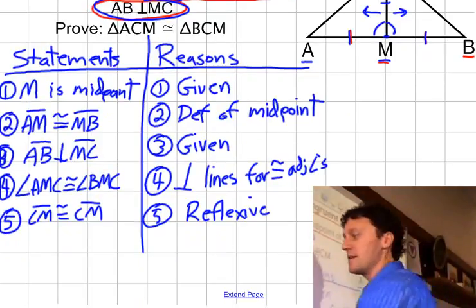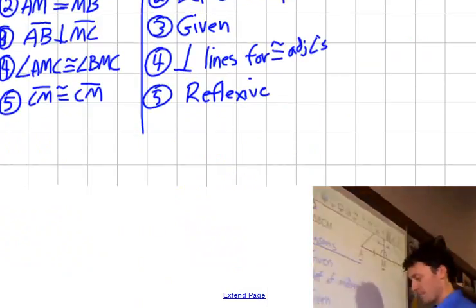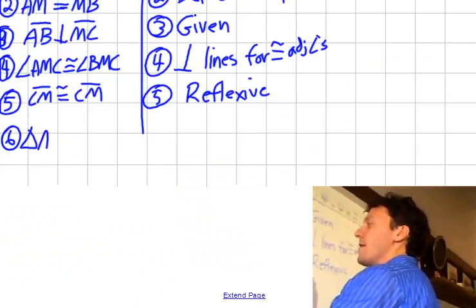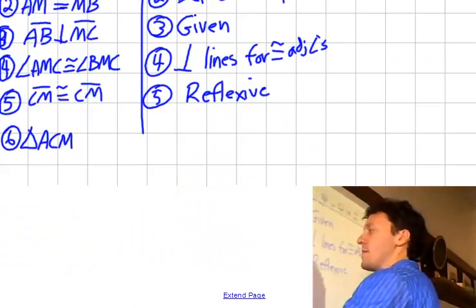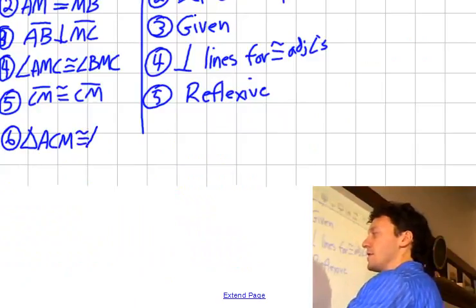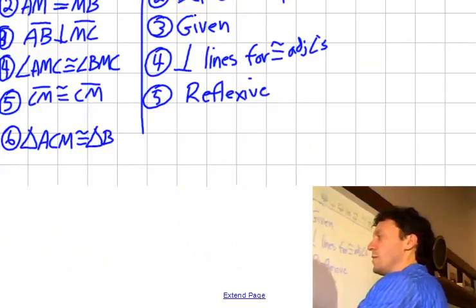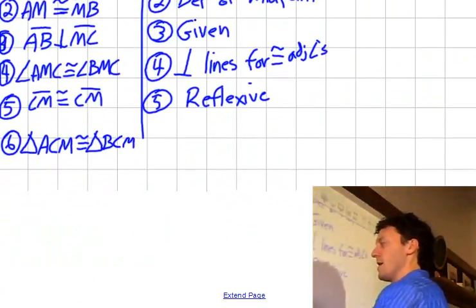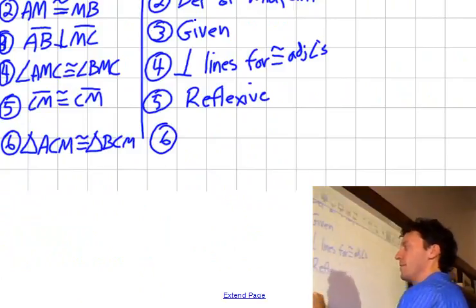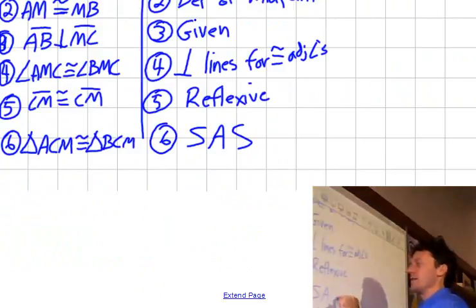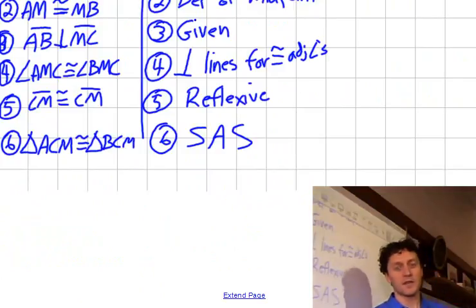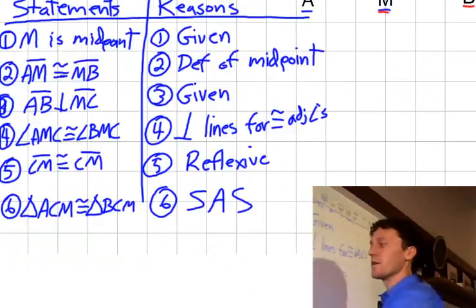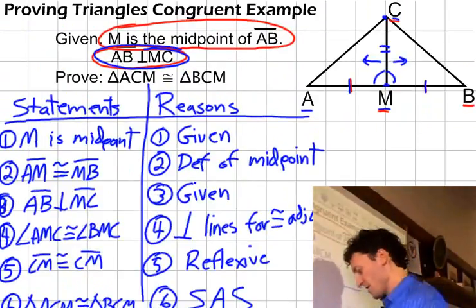So we can finally state that triangle ACM is congruent to triangle BCM, because we found a side and an angle and a side that's congruent to the other side angle side, and that's it. It's the side angle side postulate. We are good to go. All right. I hope that helps.